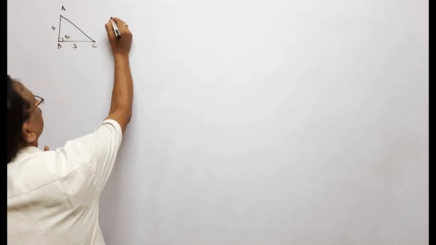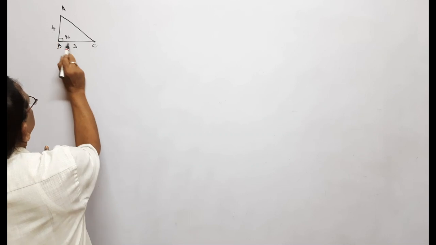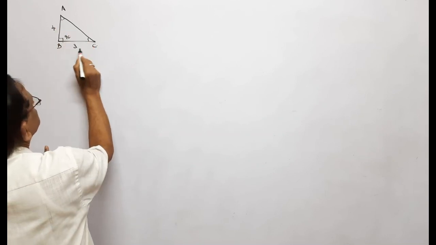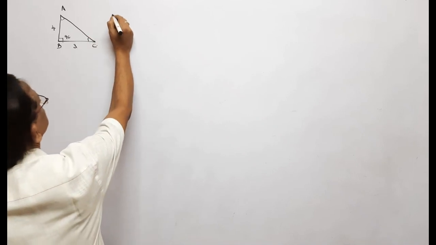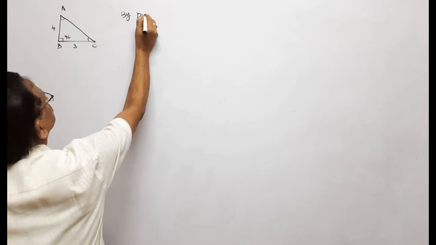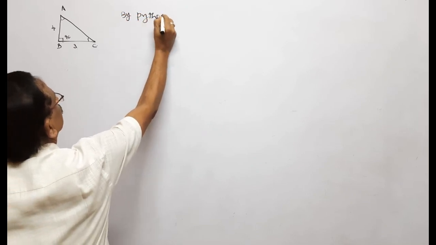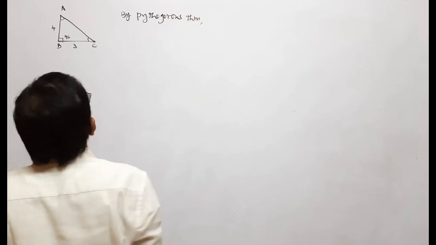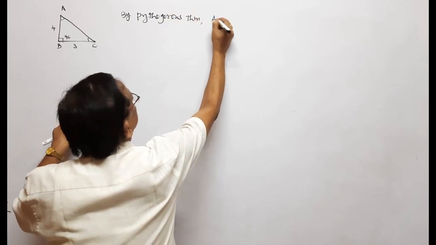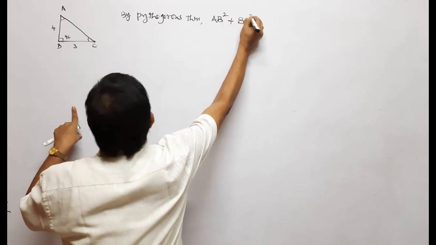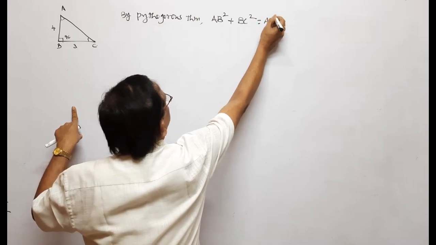This is ABC, right? I know AB, that means I know adjacent side of A, adjacent side of C is 3. So I can talk about many things, like by Pythagoras theorem, we have AB square plus BC square is equal to AC square.